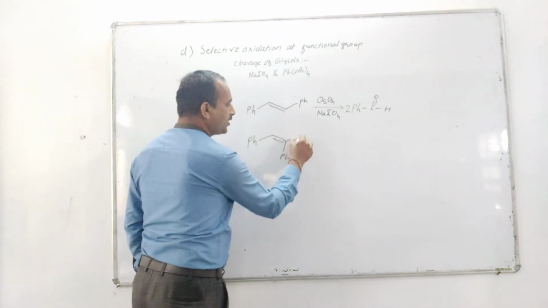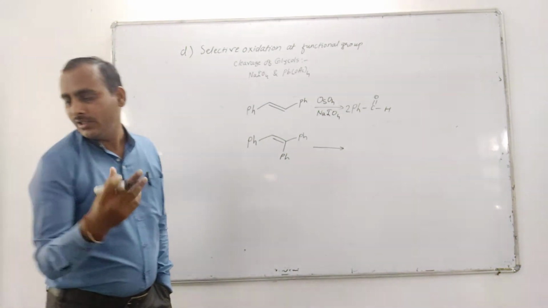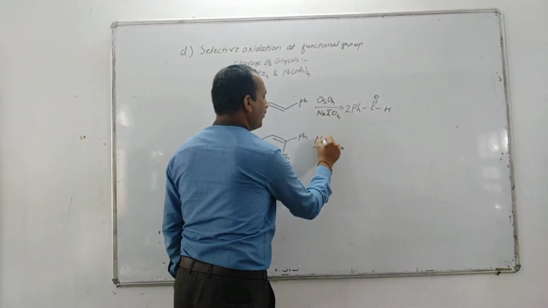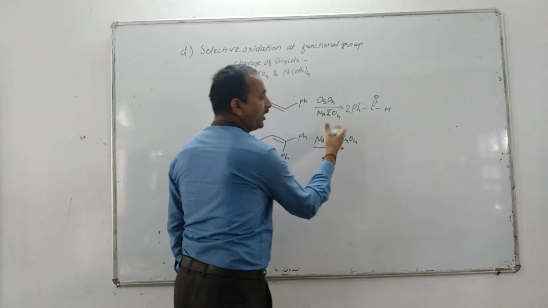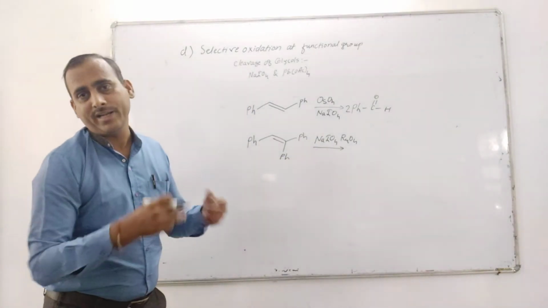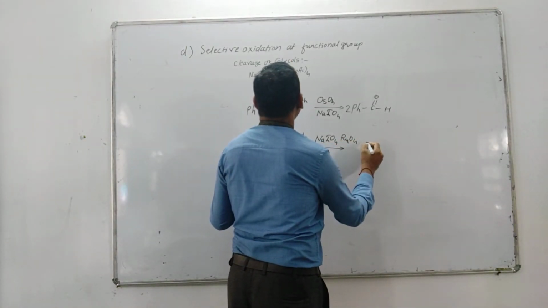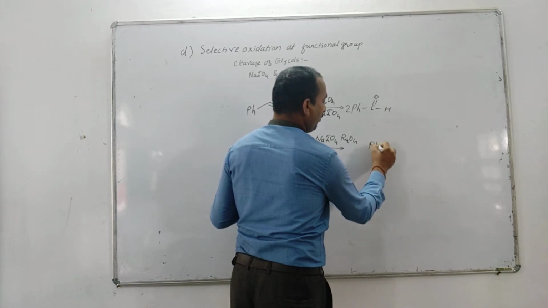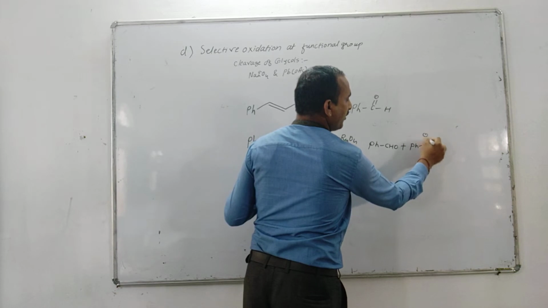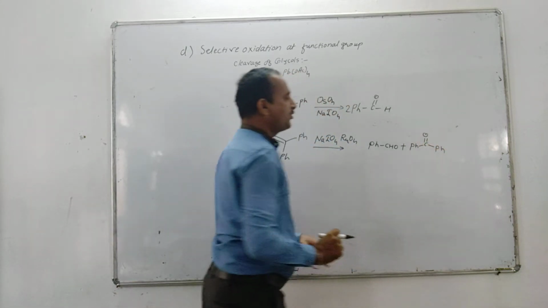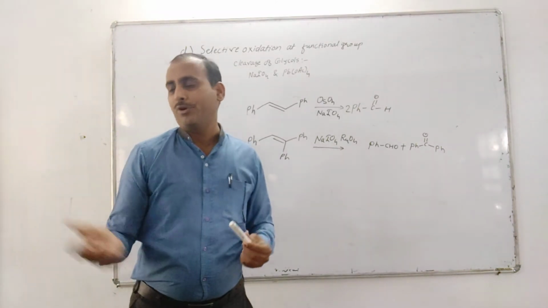Triphenyl substituted olefin, alkene. Again the same reagent, sodium periodate and ruthenium tetraoxide. So ruthenium tetraoxide forms the diol, and the diol is again cleaved by the sodium periodate to form PhCHO benzaldehyde plus PhC double bond O Ph benzophenone, and the benzaldehyde is formed as the product.